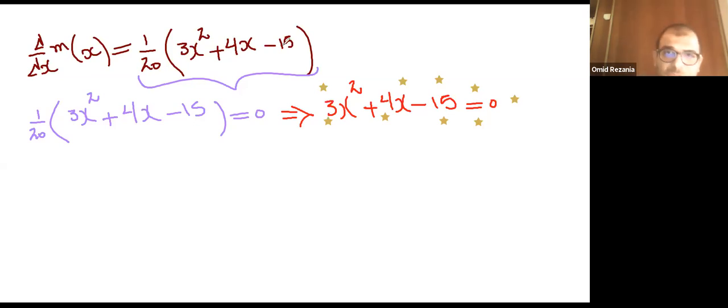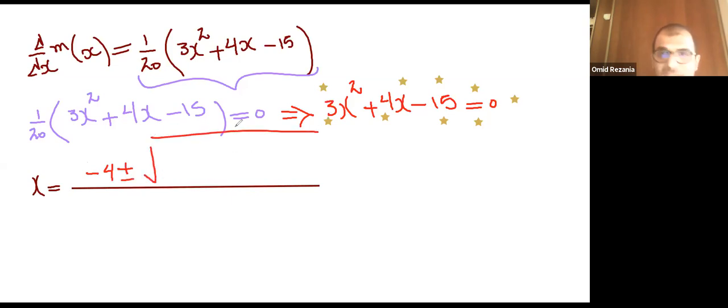Okay, in order to solve this equation, x, it has a very easy, straightforward formula for it. X is going to be minus b, which is going to be minus 4, plus or minus square root of b squared.